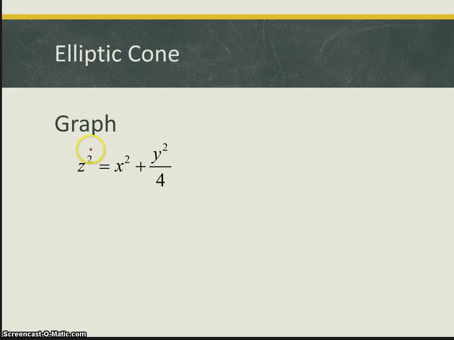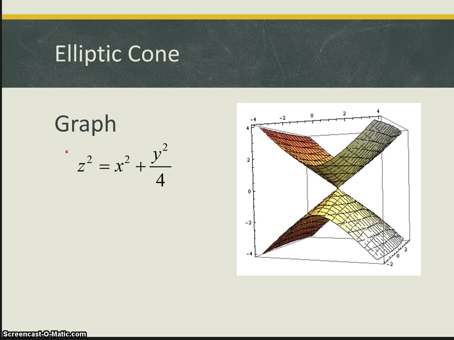So notice in this case I have z squared equals a sum involving x squared and y squared. And because this is z squared equals, I know that the center axis will be the z-axis. And so I can go ahead and graph that, and it would look like this.